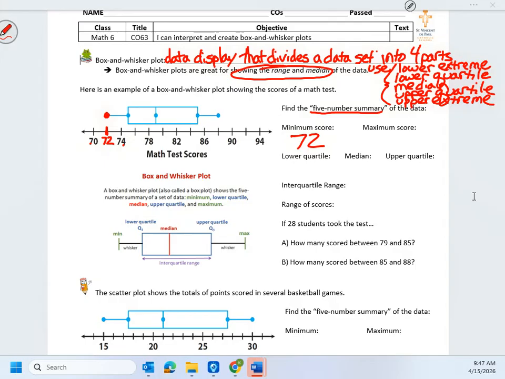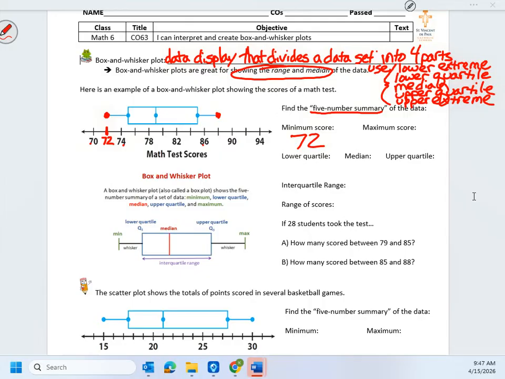Then we need to know our maximum score. What would our maximum score be on this? If minimum is at this end of it, what would the maximum be, Leo? The other endpoint, that farthest point out.